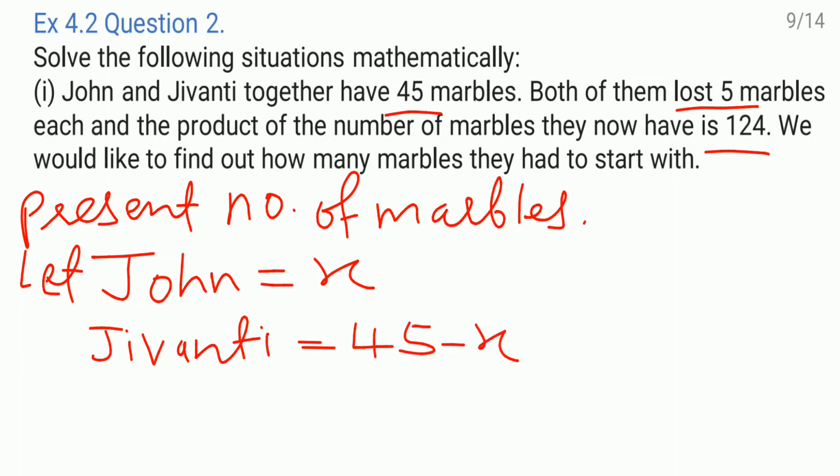Don't make the mistake at this place. Most of the time children write down X minus 45. No, it is 45 minus X. Right? Now here, both of them lost 5 marbles each.